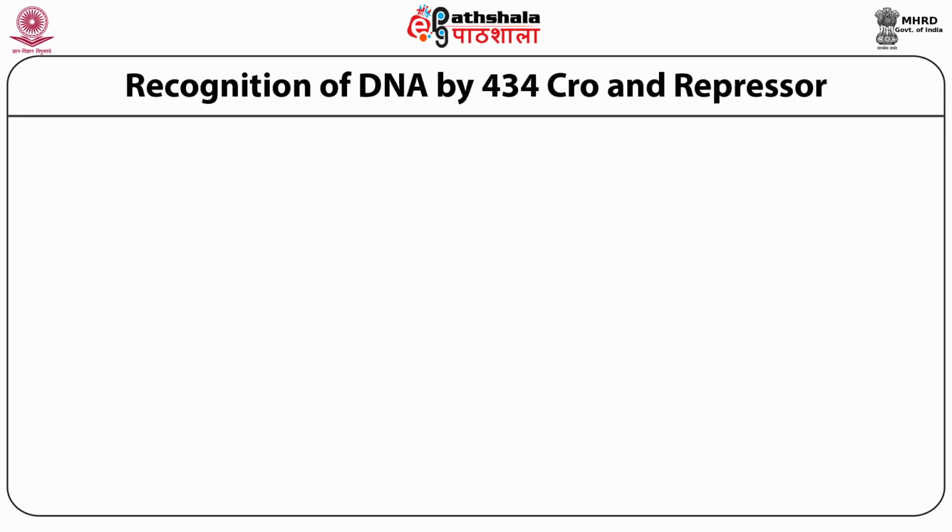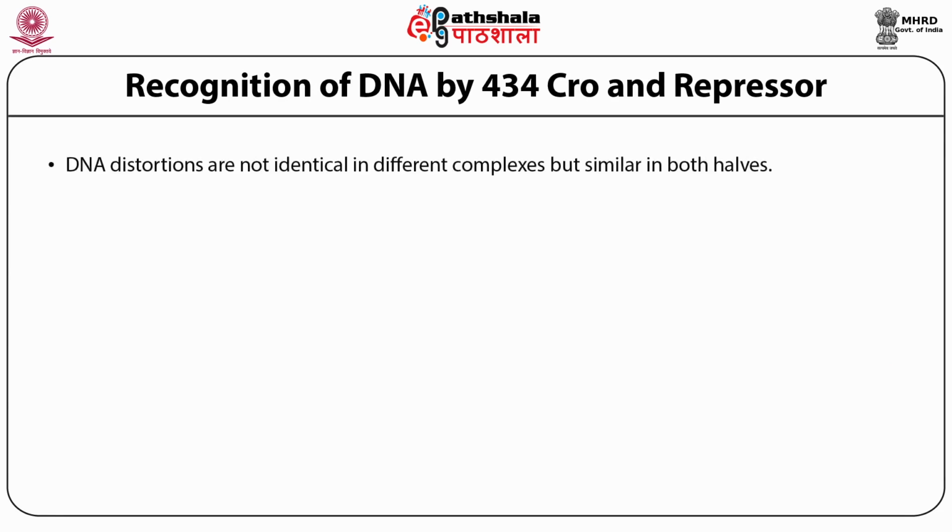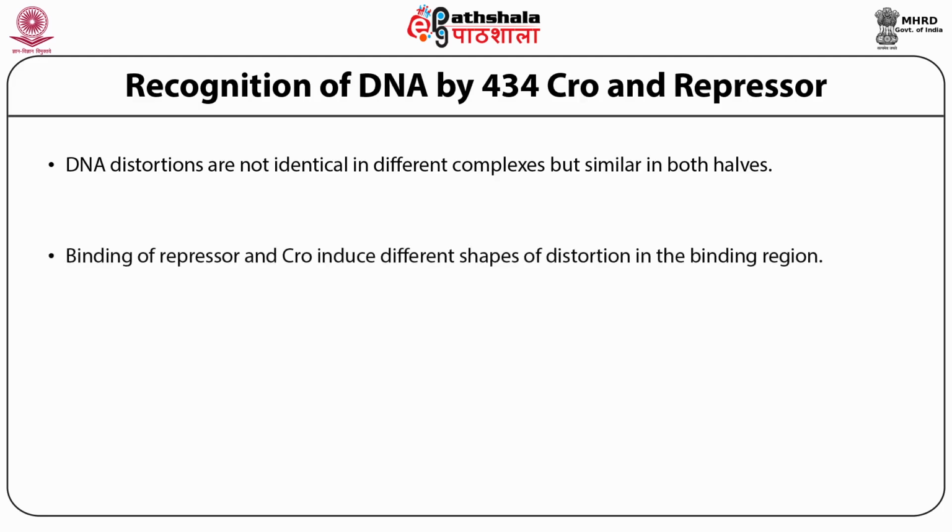Let's see more about the recognition of DNA by 434 Cro and repressor. DNA distortions created by both these proteins were not identical in different complexes but similar in both the halves. Binding of repressor and Cro induces different shapes of distortion in the binding region.